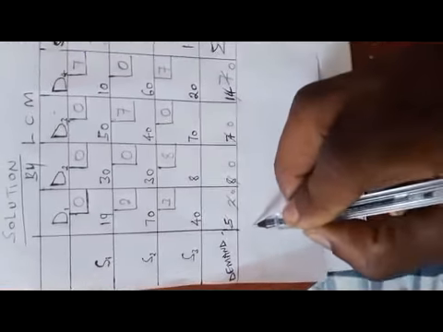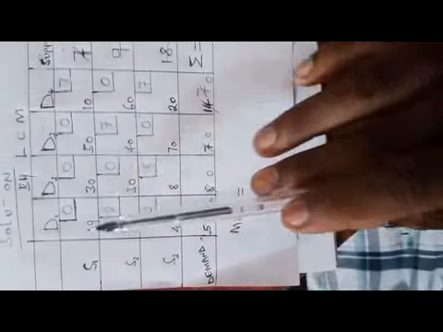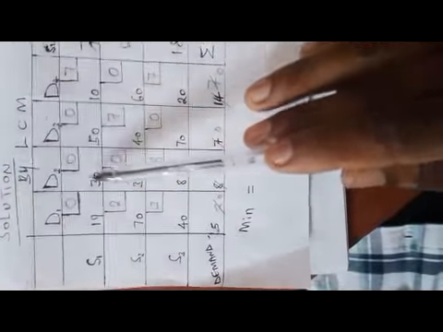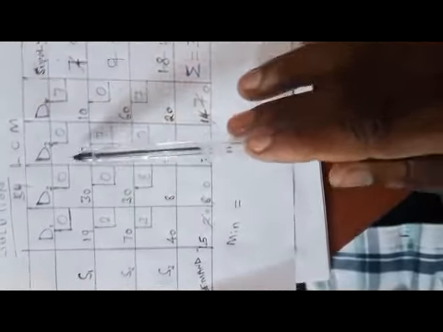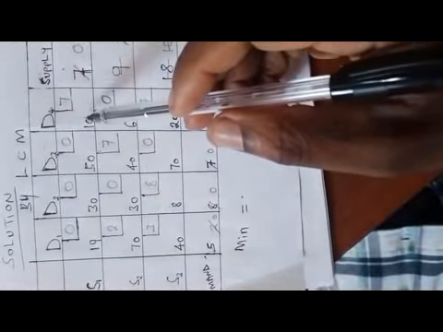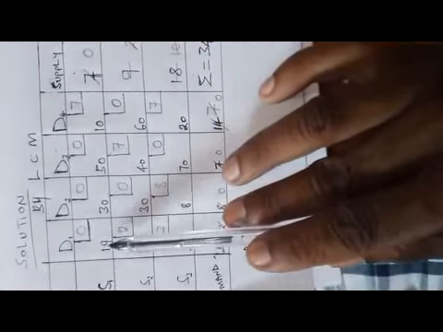So the minimum cost from the table above, you multiply this value times this, times this. As you can see here at the first row, all of this becomes 0. As you multiply, all of this becomes 0.